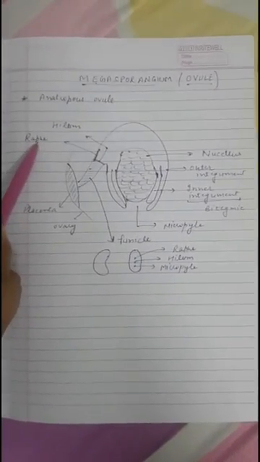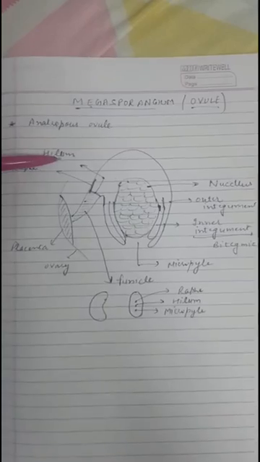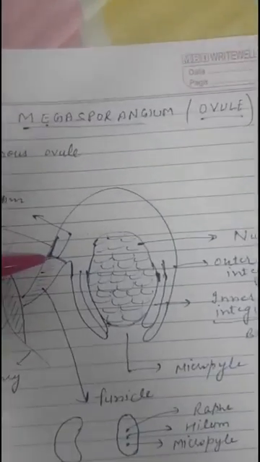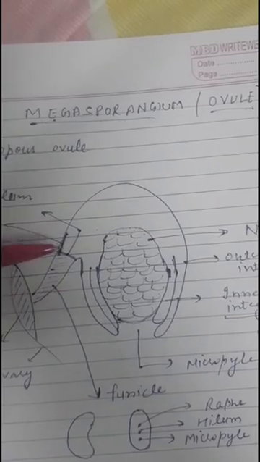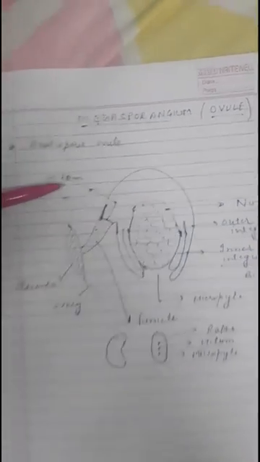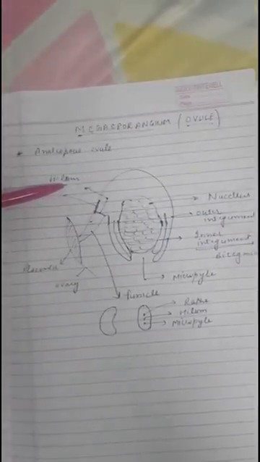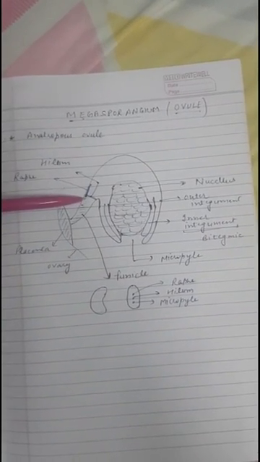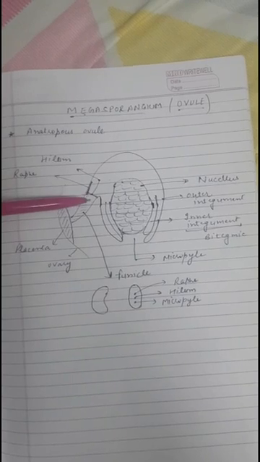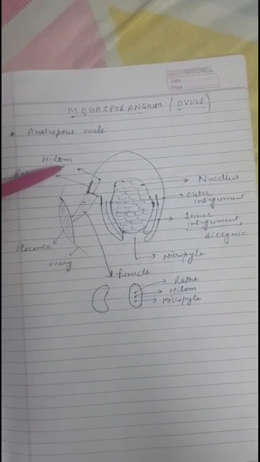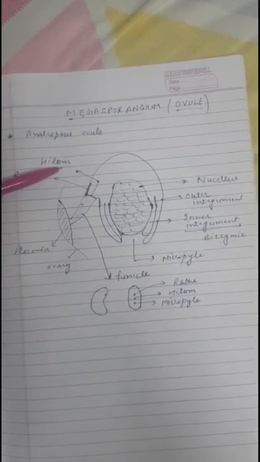Now the point of attachment at which this funicle attaches the ovule is called hilum. This is not with the placenta, but with the funicle. So the point of attachment of the ovule with the funicle is called hilum.